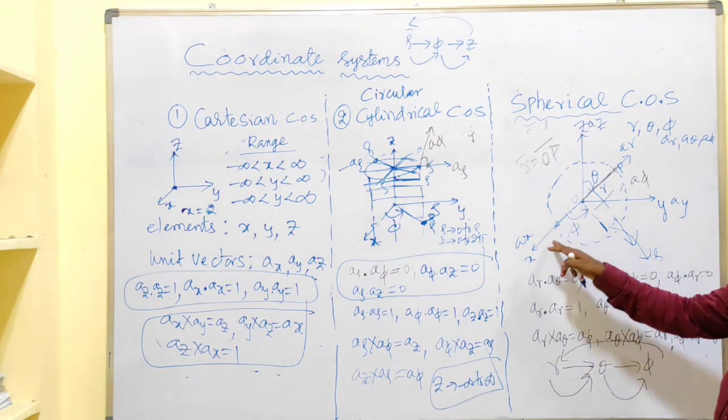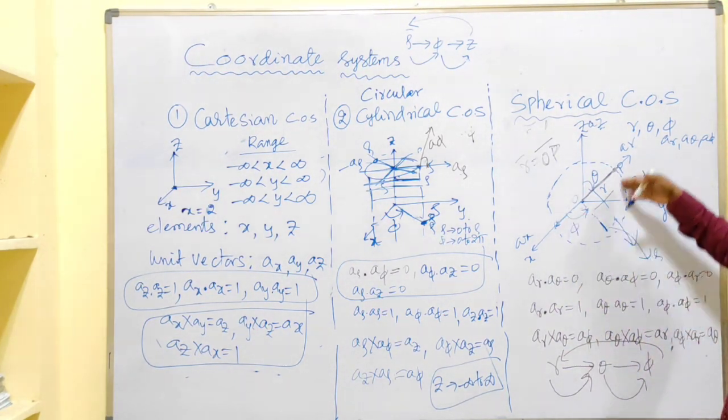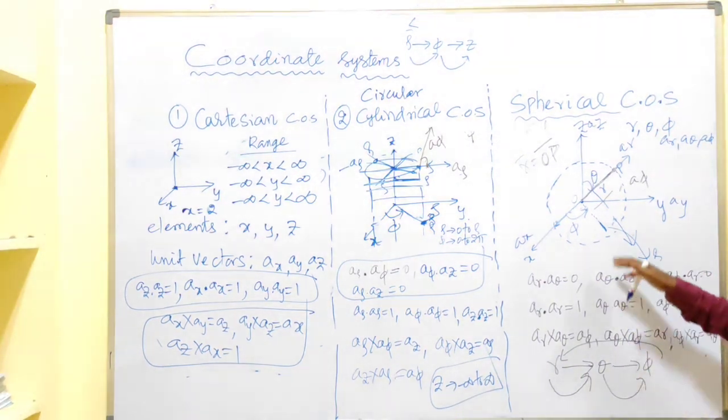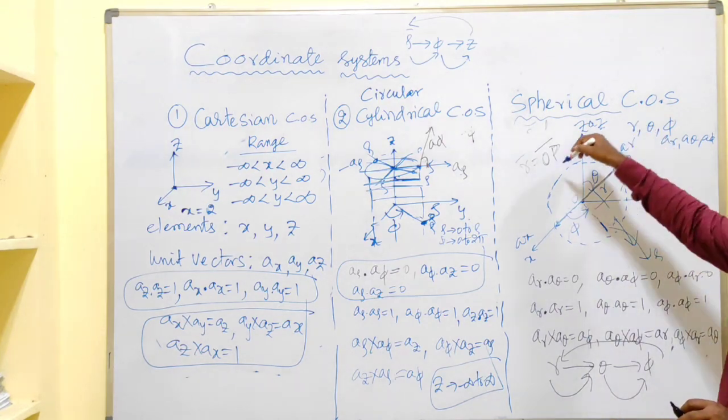It makes an angle with the x axis in the xy plane, that is nothing but pi. Pi is in the anti-clockwise direction; theta is downward like this, and pi is going like this.